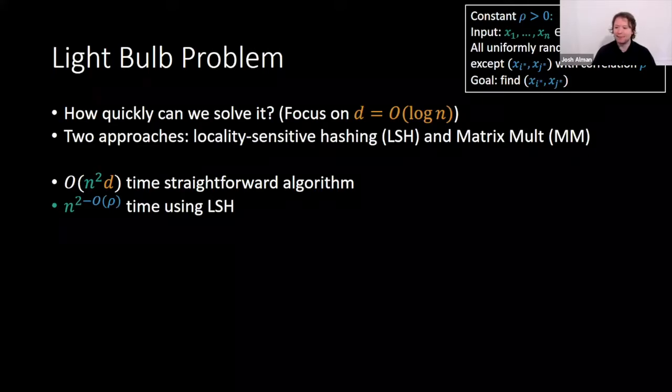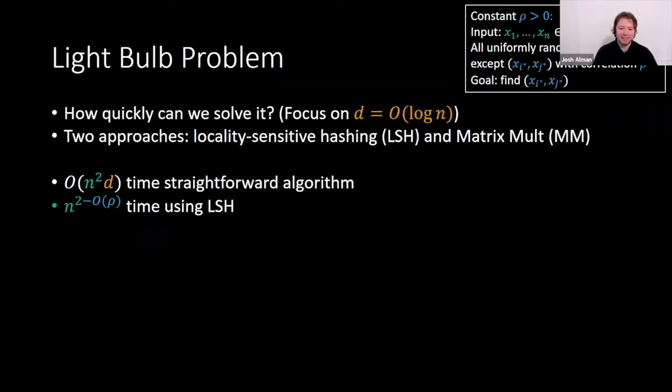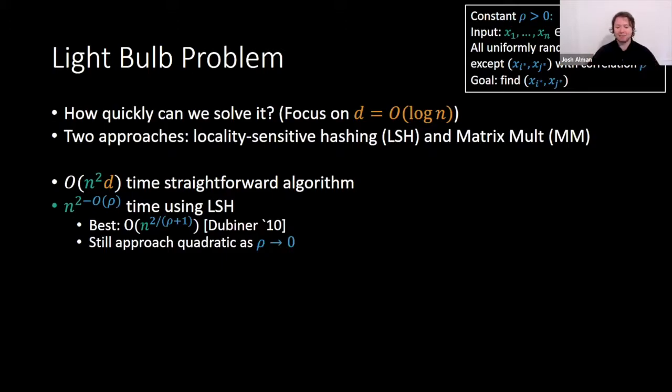Using these techniques, you can solve it in time like n to the 2 minus order rho. The best algorithm along these lines is by Dubiner and runs in time n to the 2 over rho plus 1. This is a sub-quadratic time algorithm for any constant rho bigger than 0, but as rho gets small, it still approaches quadratic time. So for small correlations, it still takes almost quadratic time to use these algorithms.